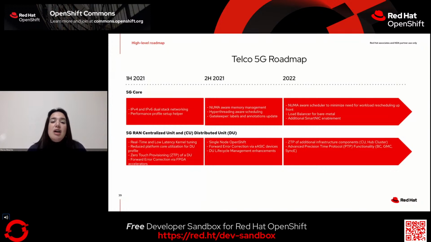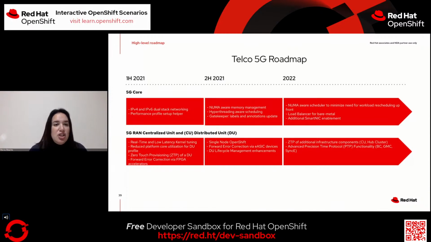Looking at core capabilities, IPv4, IPv6, and dual stack throughout the cluster networking, continued optimization of the scheduler in Kubernetes to provide optimal workload placement, and looking at it from the RAN use case, we talked about zero-touch provisioning before this slide. That continues to be an area of focus, as well as continuous optimization of latency and single node configuration.